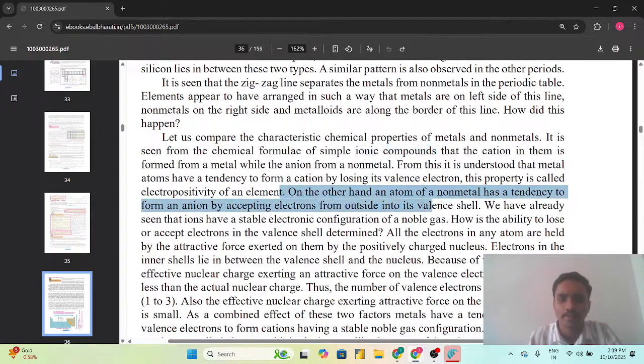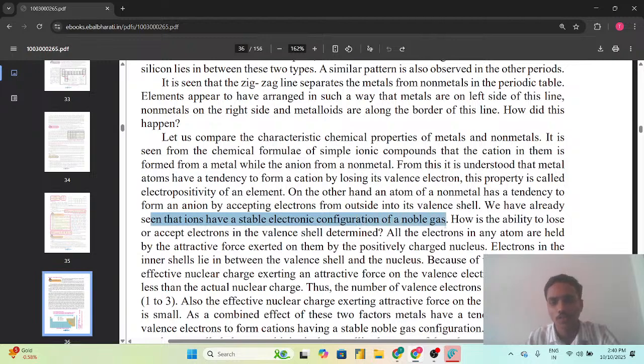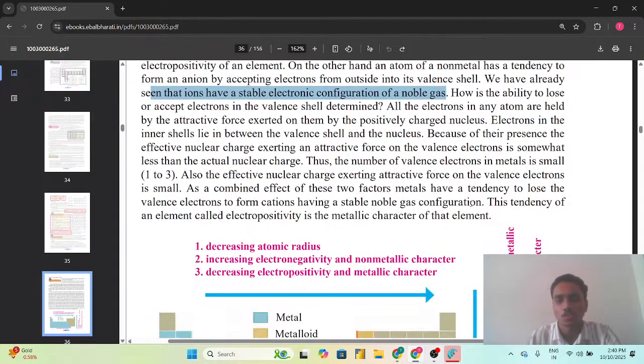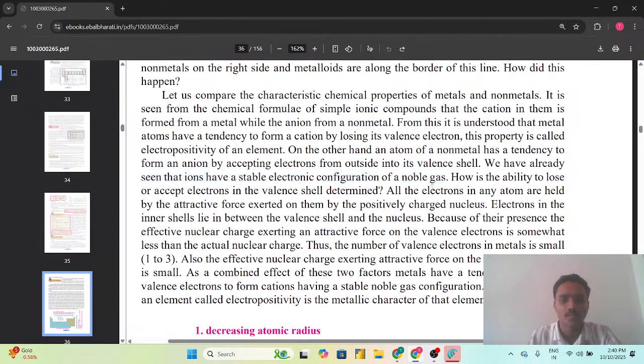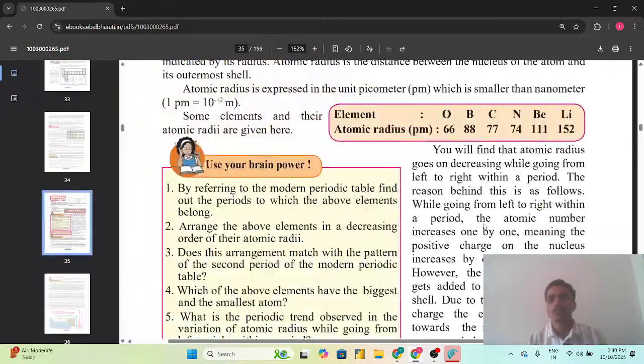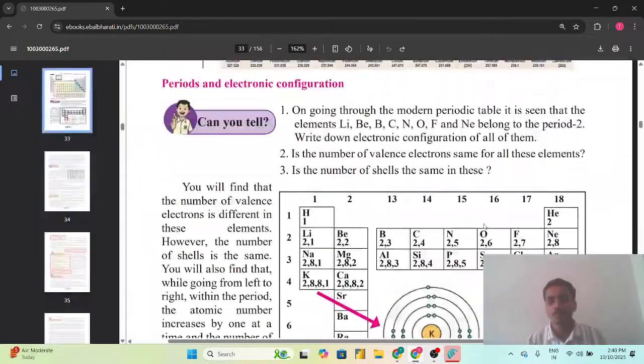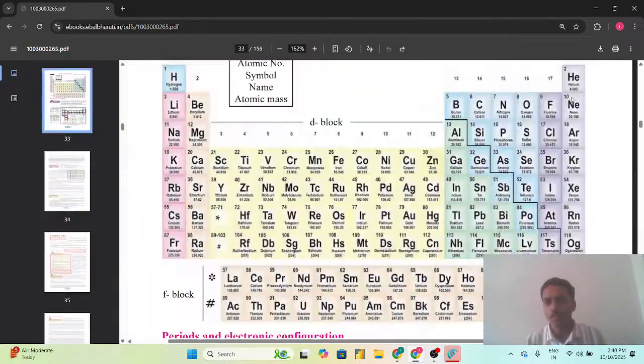On the other hand, an atom of a non-metal has the tendency to form an anion by accepting electrons from outside into its valence shell. We have already seen that ions have a stable electronic configuration of the noble gases. The noble gases, as we have seen, are in the 18th group, that is the zero group, of the periodic table: helium, neon, argon, krypton, xenon, radon, and oganesson.